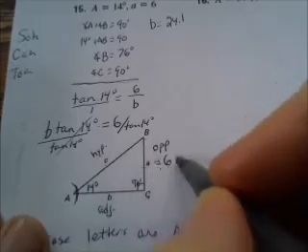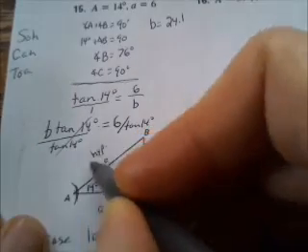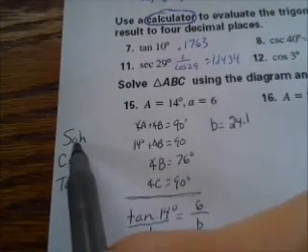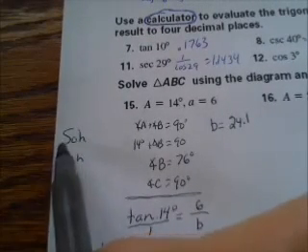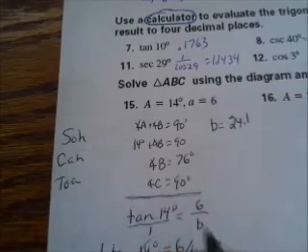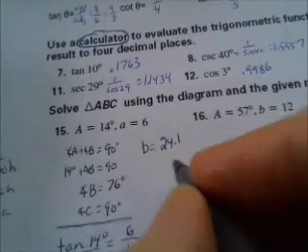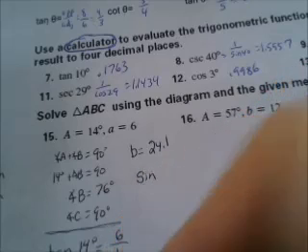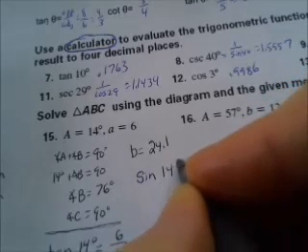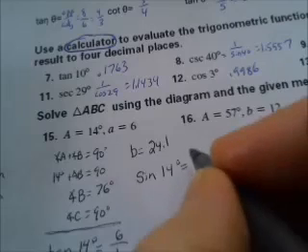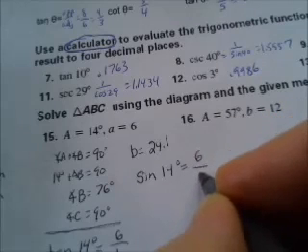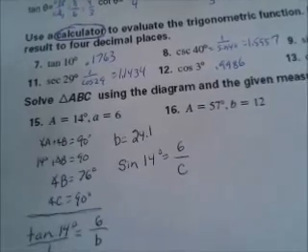We know the opposite side is 6. We're trying to find the hypotenuse, and I'm looking over here, and opposite divided by hypotenuse, we will be using the sine function, and it's the sine of angle A. So here we can say the sine of angle A, which is 14 degrees, is equal to the opposite side, which is 6, divided by the hypotenuse, which is c, which we don't know.